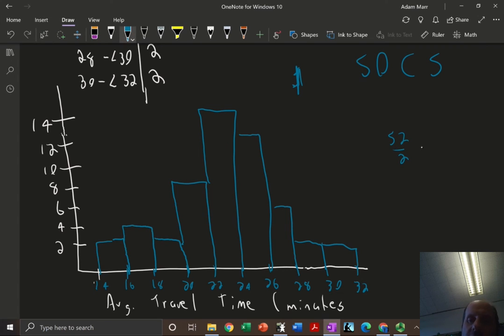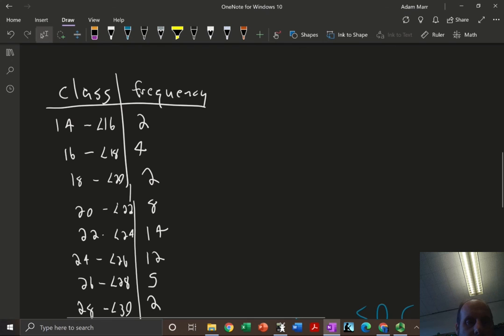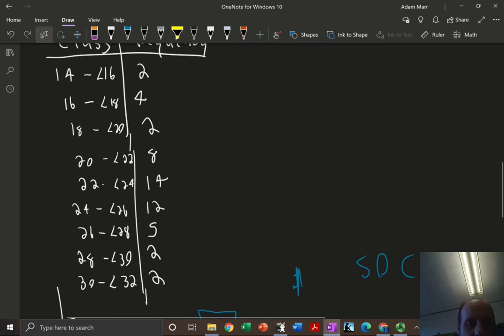If it's odd, you add 1. So 52 divided by 2 is going to give you 26. So where does the 26 value go? Well, we can look up here. We have 2, 6, 8, 16. 16 plus 14 is 30. So at this point, we're at 30. So the 26 value is going to be right there from 22 to 24.